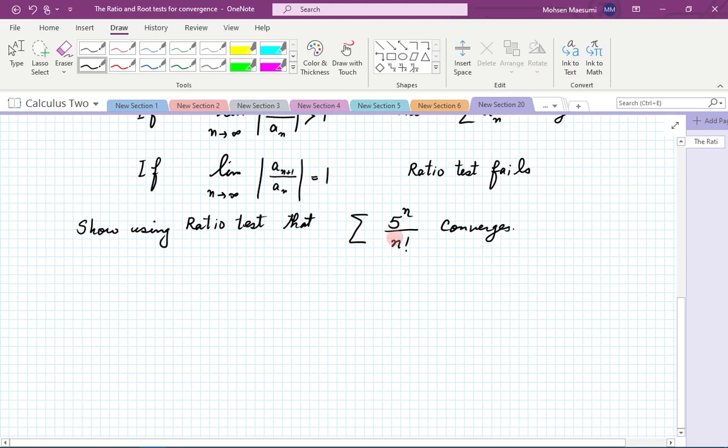Okay, so here I say my nth term is what you see here, 5 to the power of n over n factorial. Who is going to come after that?